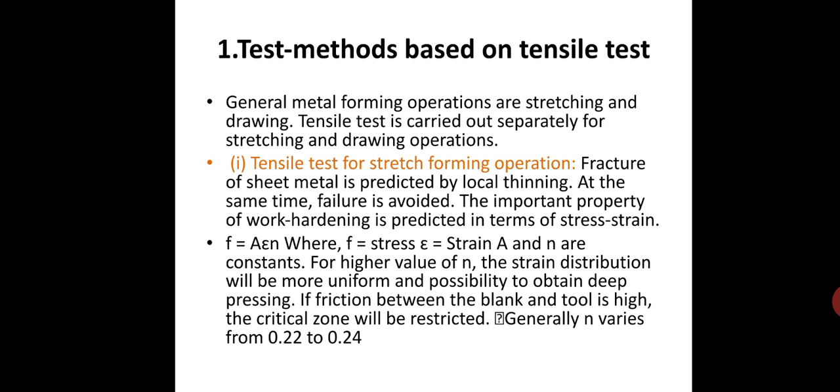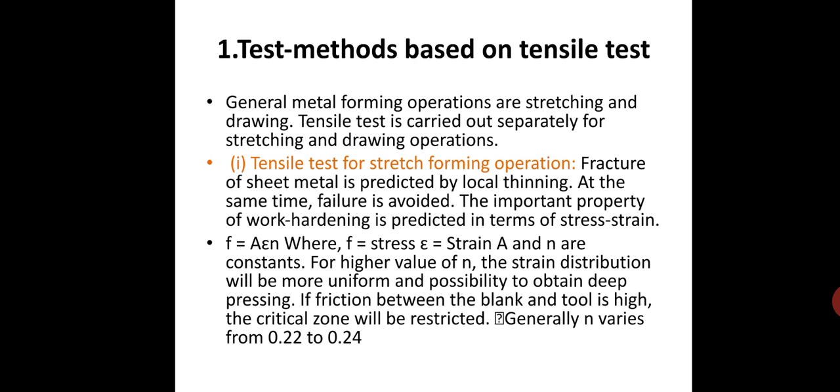The important property of work hardening is predicted in terms of stress strain. In this test, the fracture is predicted by local thinning by using the stress strain concept.